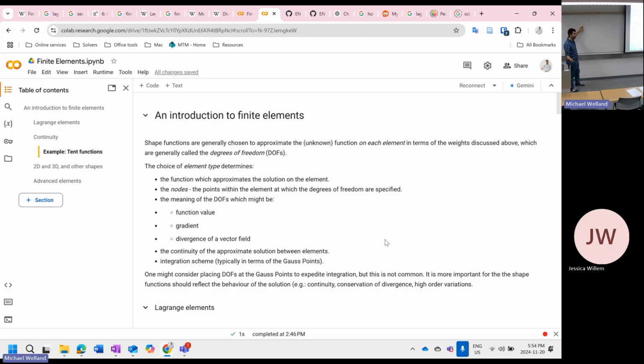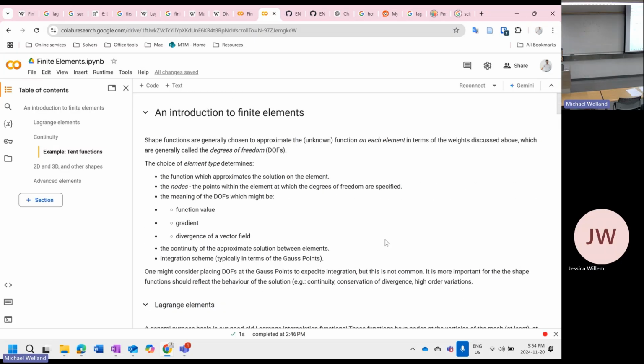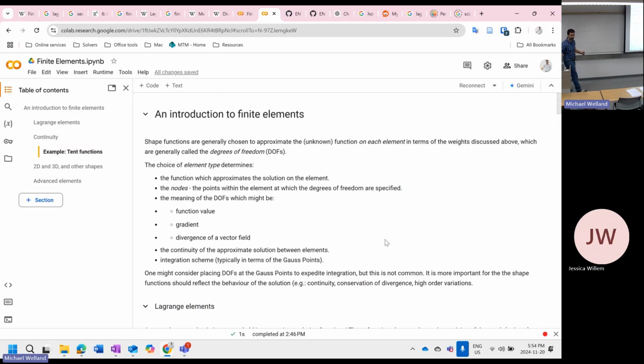So Lagrange elements have at least nodes at either side, and they're going to look at the function value at those nodes. Sorry, let me just quickly, before I go into there.